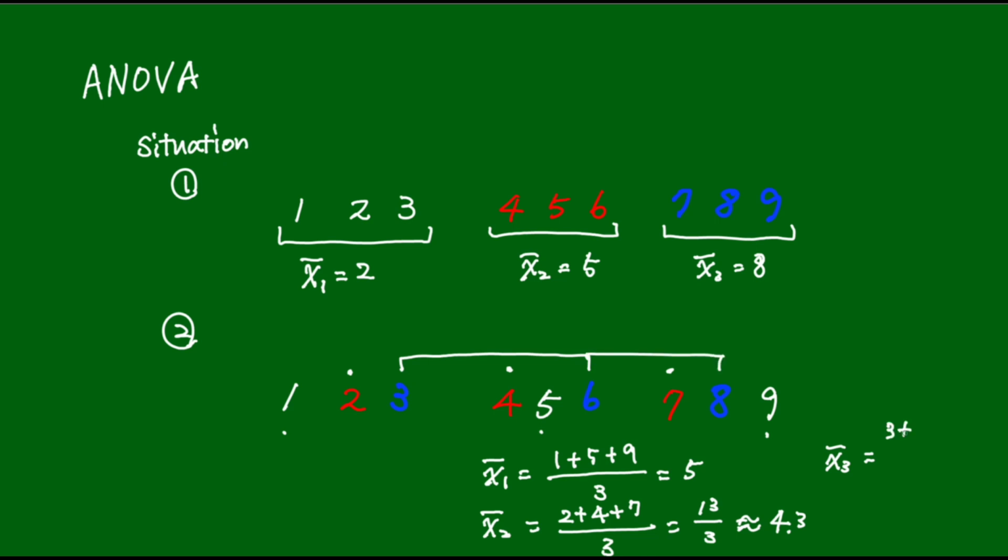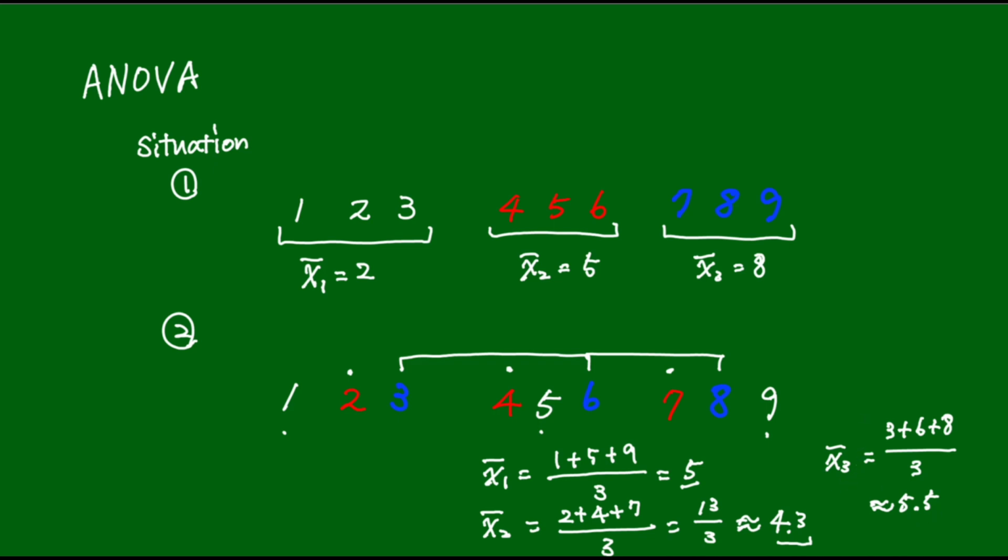So 3 plus 6 plus 8 divided by 3, and this is 17, so let's say 5.5 something. Okay, so for situation 1, we have x1 bar is 2, x2 bar is 5, x3 bar is 8. However, for the second situation, we have 5 for x1 bar, 4.3 for x2 bar, and 5.5 for x3 bar.